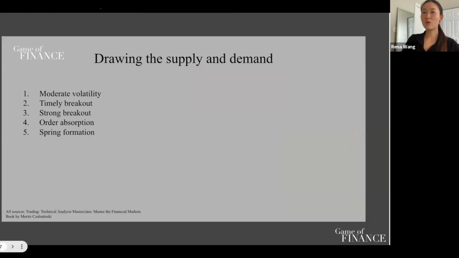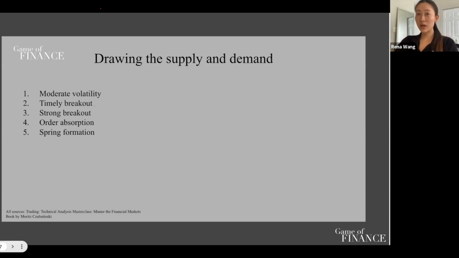Therefore, only the first or at most the second entry point of a supply and demand zone can be traded. You can't say, I'm drawing a long support line, and every single point it's going to hit and go back. No, the pattern is going to change. So only the first or second point after your confirmed support line or supply and demand zone can be traded, to avoid any misunderstanding of these patterns.